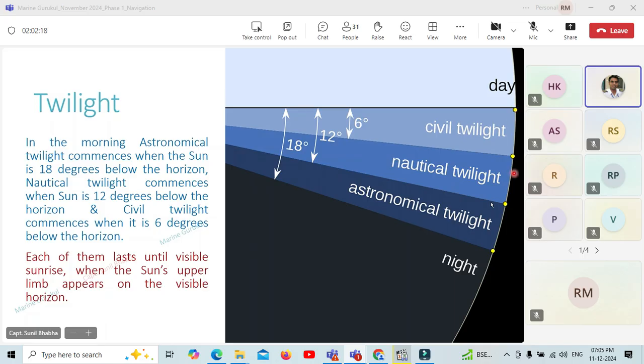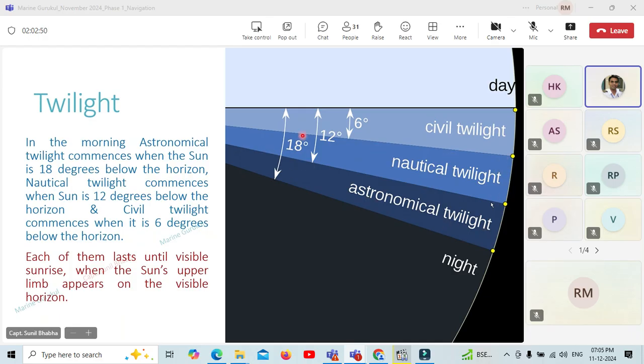Now, out of this entire period, as far as navigators are concerned, as far as sight taking is concerned, which is the most suitable period for us? The most suitable period is between 12 degrees and 6 degrees. This particular period is represented in blue: the upper period in light blue, and the bottommost period in dark blue.